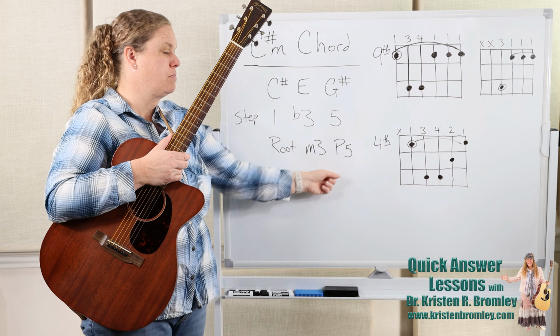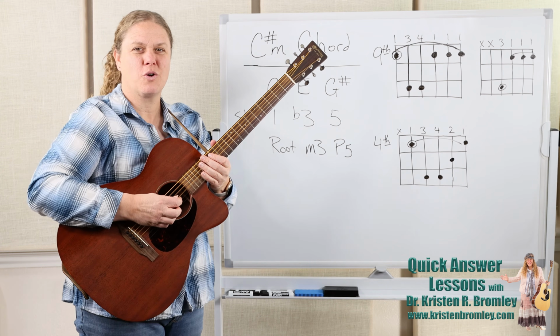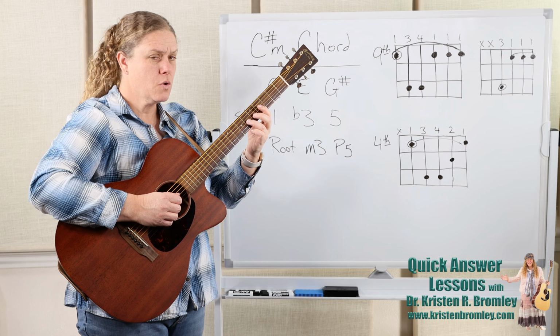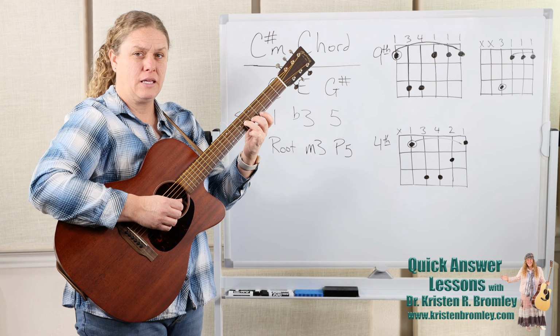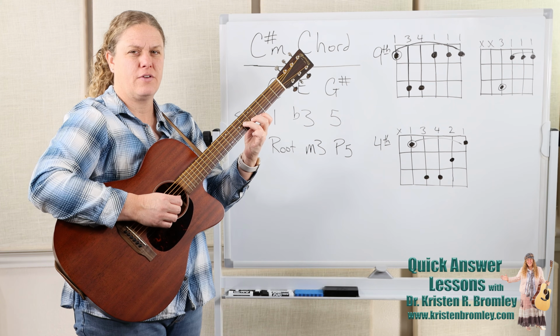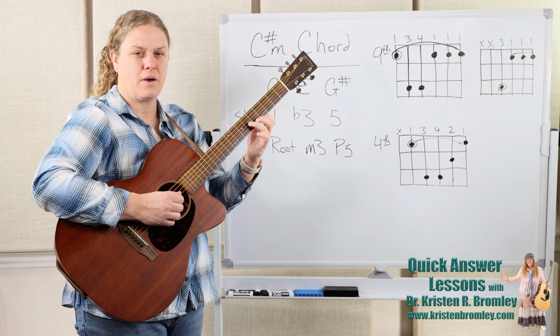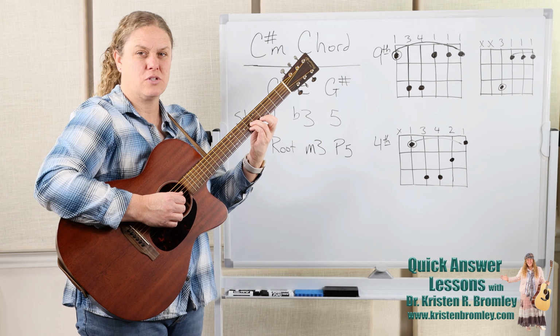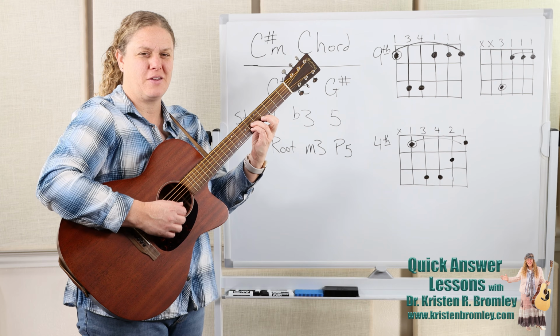And then G sharp is the perfect fifth. Both major and minor chords have a perfect fifth. So C sharp minor, we're going to have C sharp, E, G sharp: root, minor third, perfect fifth. Root to the minor third creates a minor chord. If it was a major third, it would be C sharp major, so minor versus major.